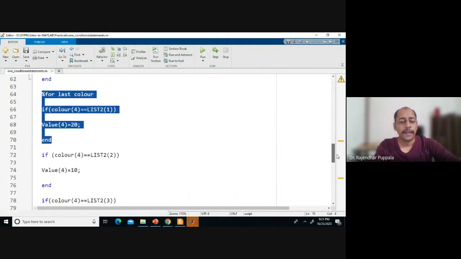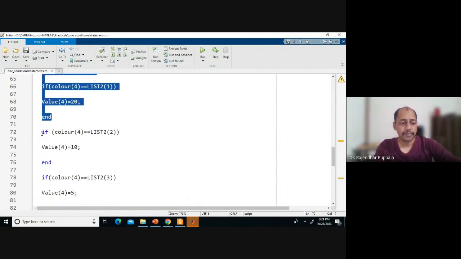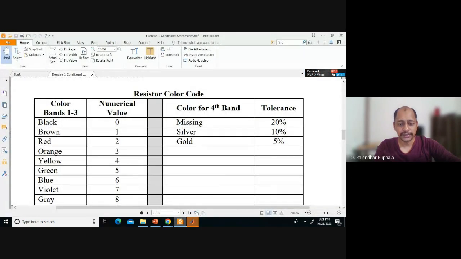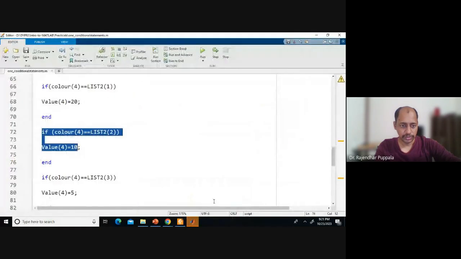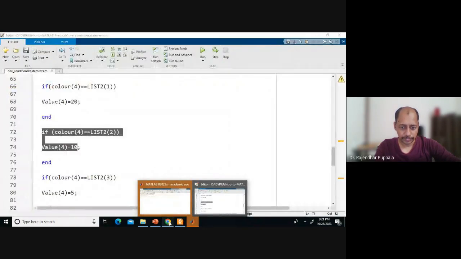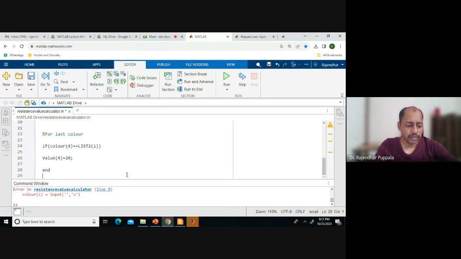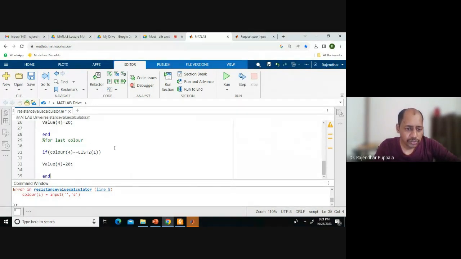So the value is 20 and we are closing the loop here. Now, if it is silver, what is the tolerance? 10%. So simply copy and paste the same program here. I'm copying, Control V. So here, if it is the number 2 and silver, then 10% tolerance will be there.